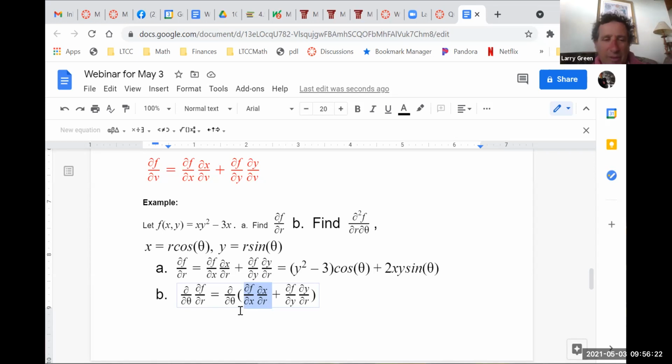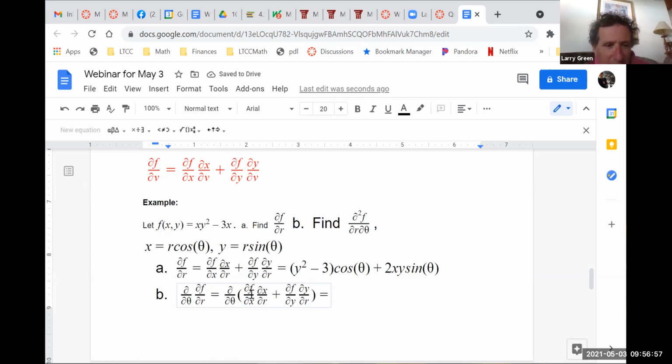What rule of derivatives? Here's a hint: del f del x times del x del r. Yeah, product rule. Because it's a product of two functions, I need to use the product rule here and here. So that is equal to.